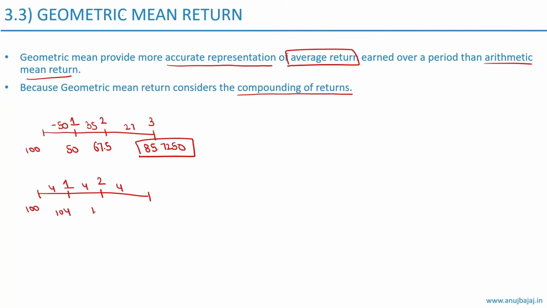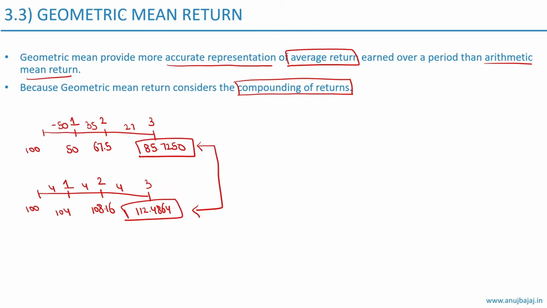Then we have 108.16. Then we have 112.4864. Now if you compare the actual value versus the value we got using the arithmetic mean, there is a huge difference. Why? Because arithmetic mean did not consider the compounding of returns.